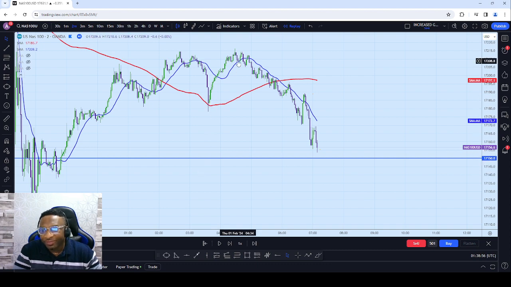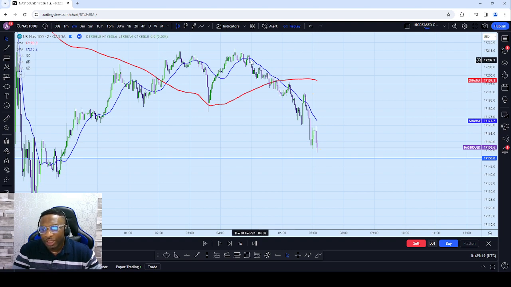So now we have here the 20 moving average, and below it you can see price declining. As it declines below the 20 moving average, you can see that price made several attempts to cross above it, which it fails.